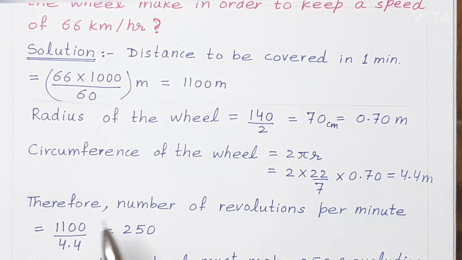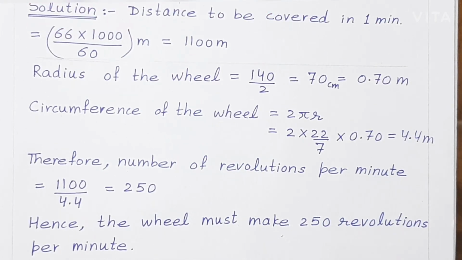So therefore, number of revolutions per minute is the distance covered upon the circumference. So how much it is? 250. So 250 is the number of revolutions. Clear? So the wheel must take 250 revolutions per minute.